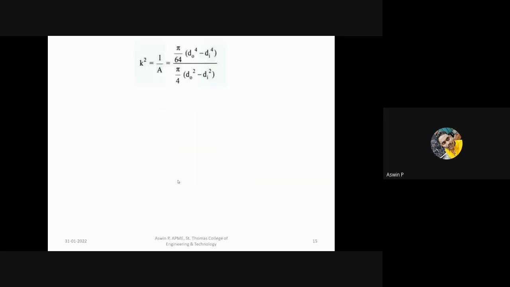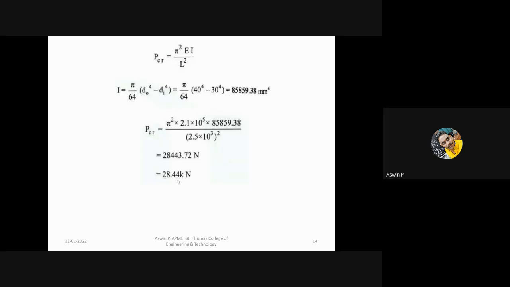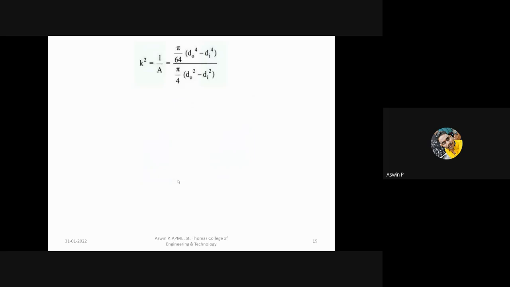After that, we need to calculate K, since in our equation we need K for finding Rankine's constant, Rankine's formula, as we have already determined. So for finding K the same method is applicable. That is, K is equal to root of I by A. I is already determined by us.